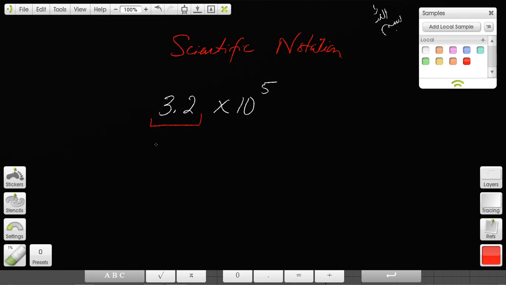The first one is a number between 1 and 10, not including 10, and the second is some exponent of 10. So this number is in scientific notation. 32.56 times 10 to the negative 8 is not, because the decimal place has to be over here for this to be in scientific notation.